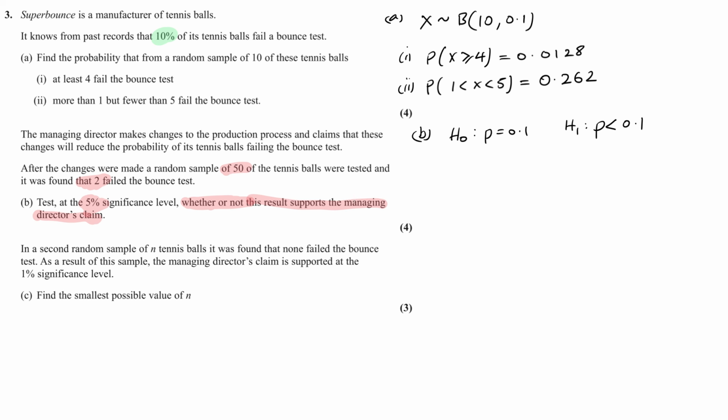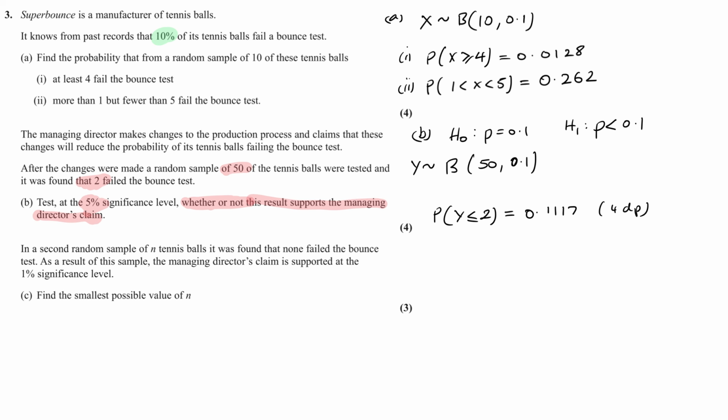Let's call this one Y. It's binomial with n equal to 50, and the probability is still assumed to be the same. So it's not X, is it? Y is less than or equal to 2. So this probability is 0.1117, which carries on, but we'll do that to 4 decimal places here.